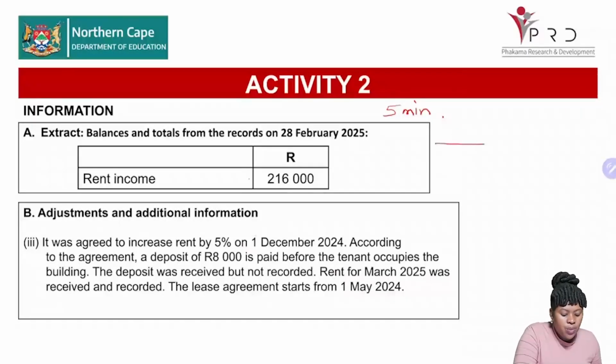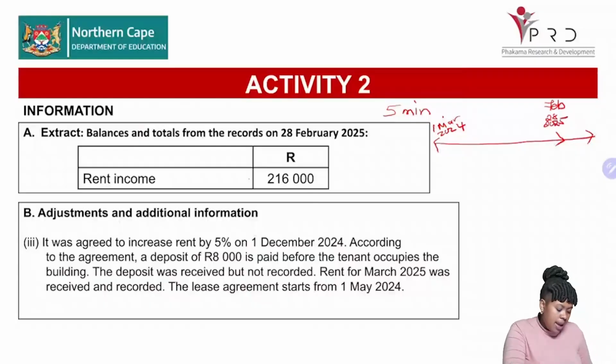First thing, when you are dealing with too many dates, draw a timeline. Okay. Our financial year will start on the 1st of March 2024 and ends 28th Feb 2025. And then there was an increase on 1 December.